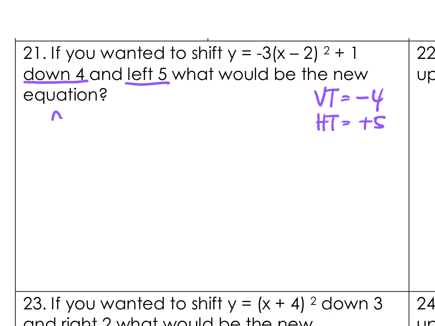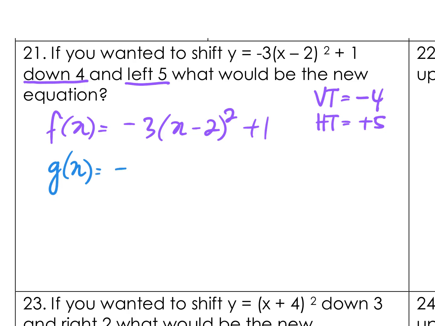Okay, so our f of x in here is going to be negative 3 times x minus 2 squared plus 1. Now, our g of x in here this time is going to be different. Okay, so I say g of x now is going to be negative 3 x minus 2, and then I'm going to add this part, plus 5 squared plus 1, and then this one again minus 4.